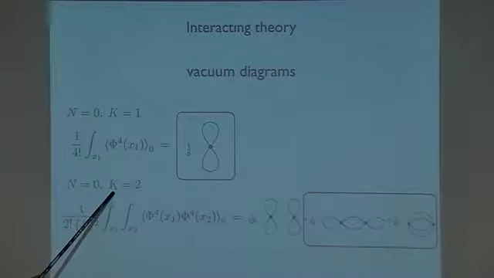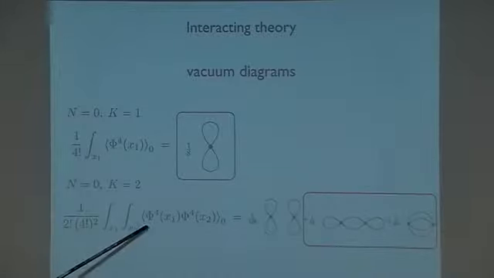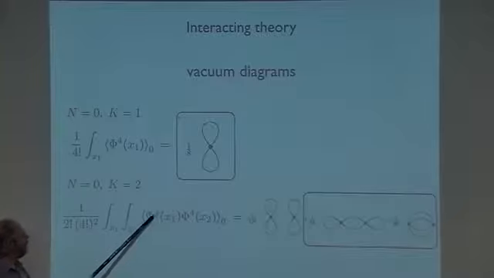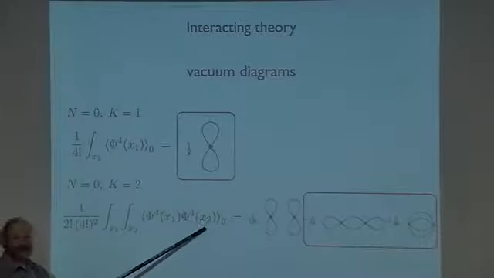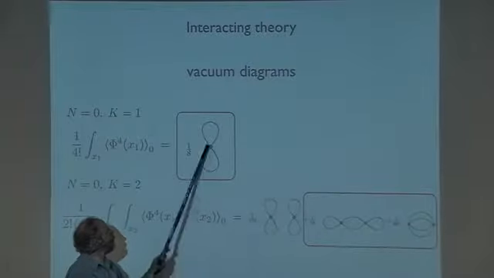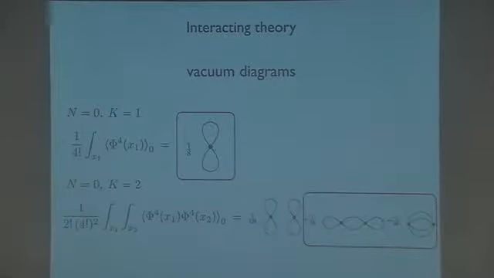So there are 2 vertices, K equal 2 internal vertices, that appear when you apply the Wick theorem, when you compute the expectation value in the free theory of a product of 2 phi-4 operators. You may contract all the 4 phi together inside here and inside here. Then you get a disconnected diagram made out of 2 diagrams of the previous order.